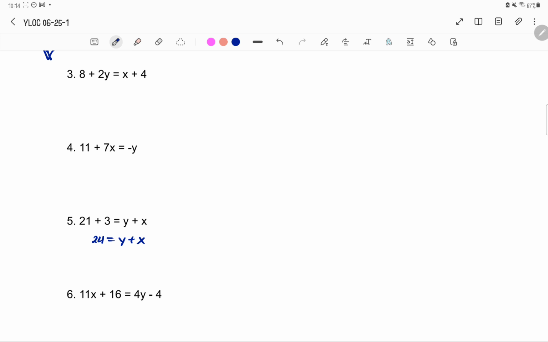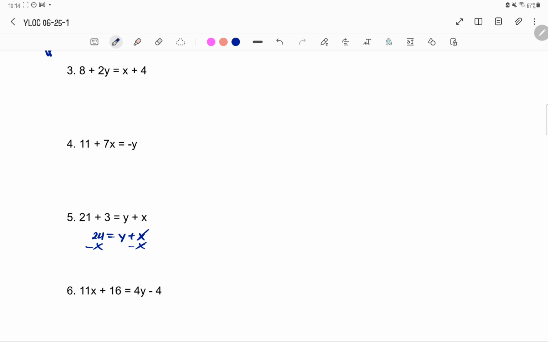And if we solve for y, here we're just going to subtract x. We can subtract y too, but that means we're going to have -1 in front of the y. So we're just subtracting x, and y is equal to 24 minus x. It's also the same thing as negative x plus 24.